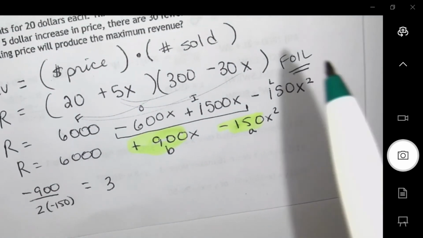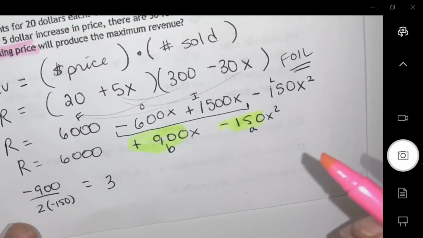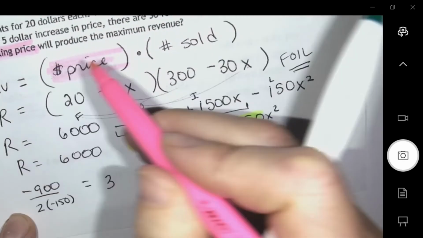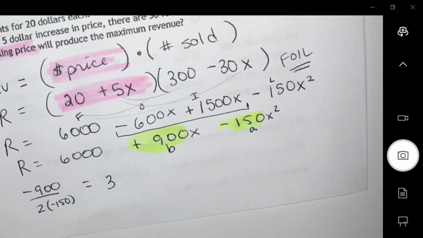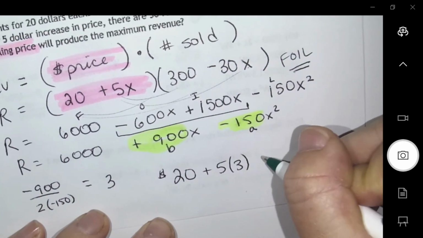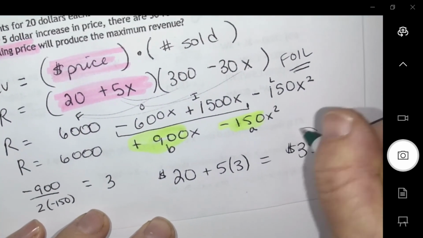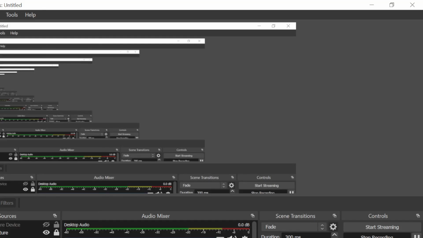It says, what is the selling price of the calculator? So where do I plug it in? To the selling price. So if I started at $20 and then I went up $5 3 different times, what is my price? I'm now going to need to sell my calculators for 35 bucks. That's expensive.